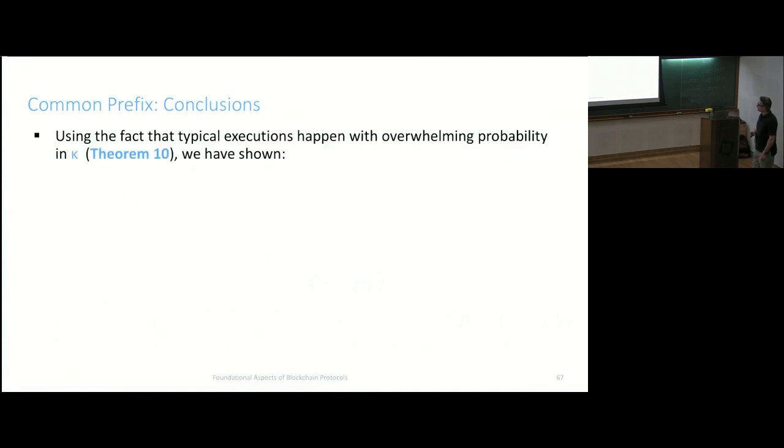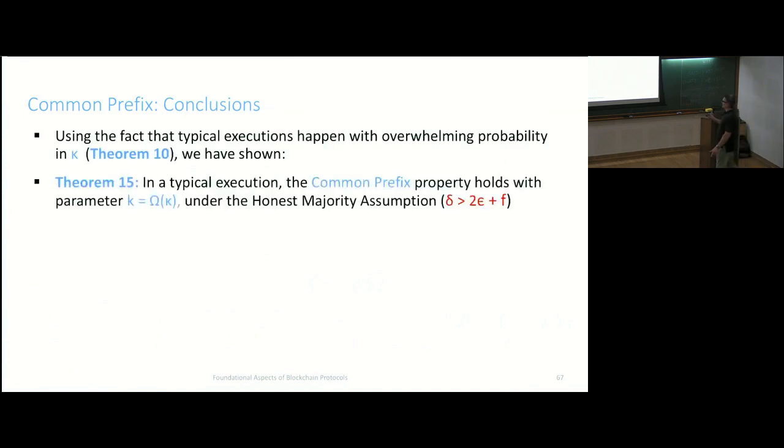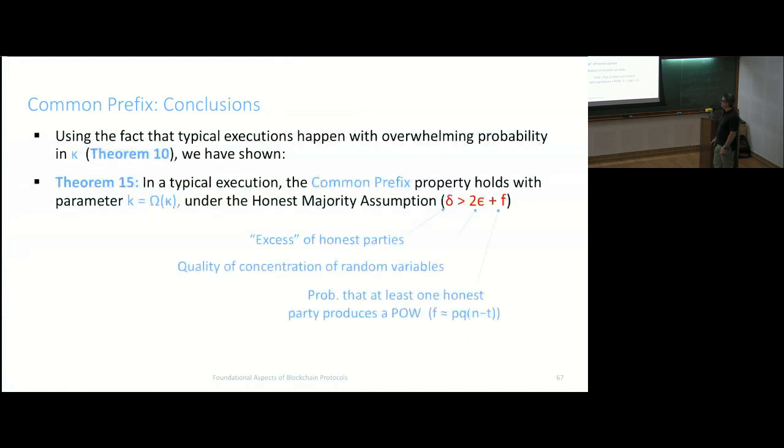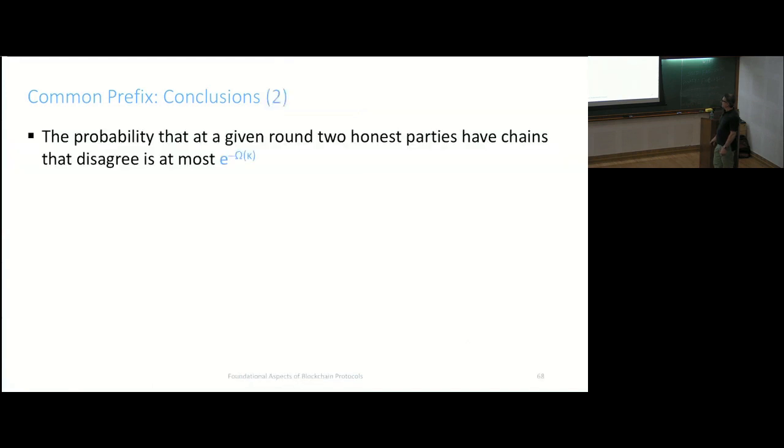So the conclusion is that the common prefix is going to hold with overwhelming probability, in the honest majority assumption, where the delta value satisfies that, and they have a meaning, right?